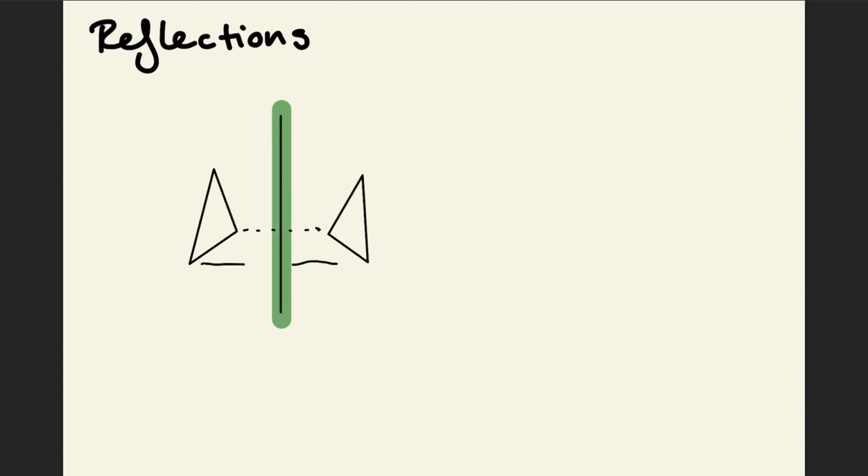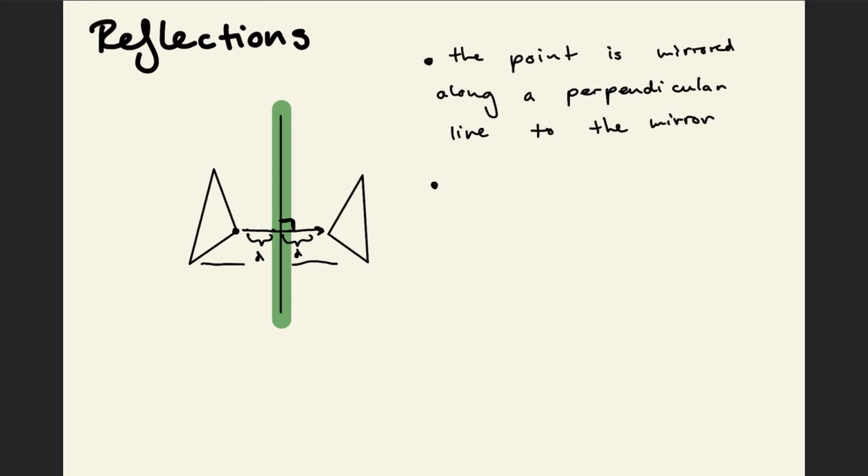And anytime we want to mirror a point, say this point right here, we have to move it along a line that's perpendicular to the mirror line. And we keep the same distance. So this is D and this is also D. So our rules for mirroring something is that the point goes along a perpendicular line to the mirror, and that the distance between the mirror and a point is maintained from both sides.